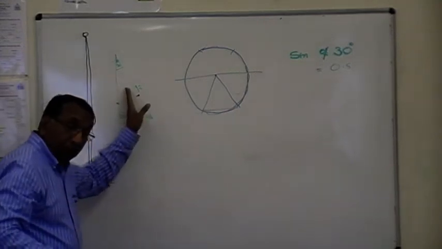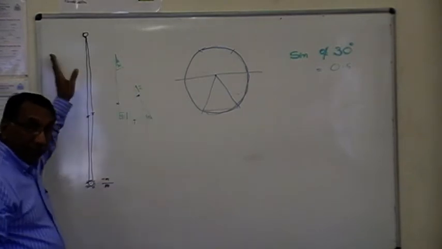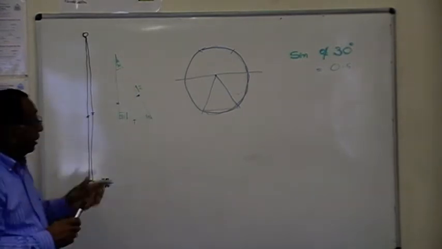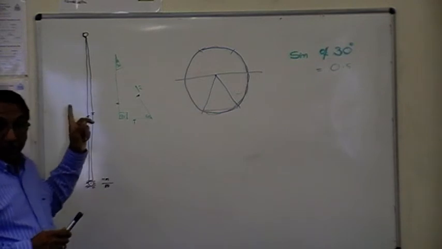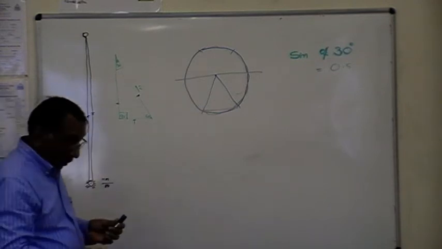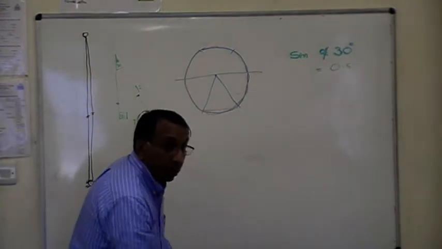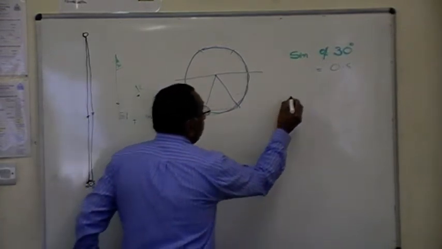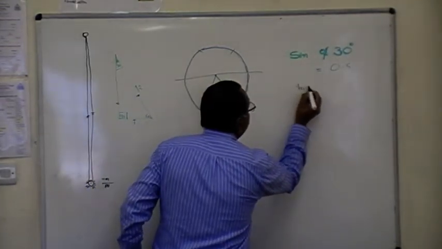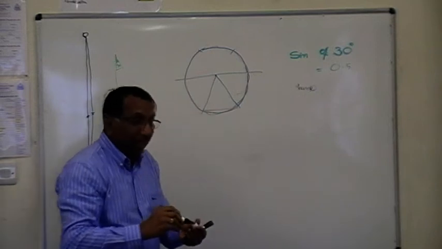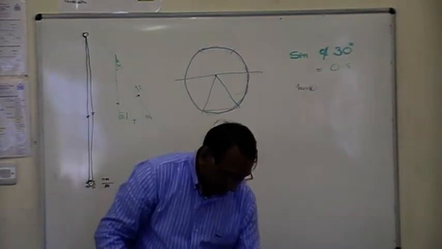Not in trigonometry generally, but in space, for a small measurement, sine becomes equal to tangent.